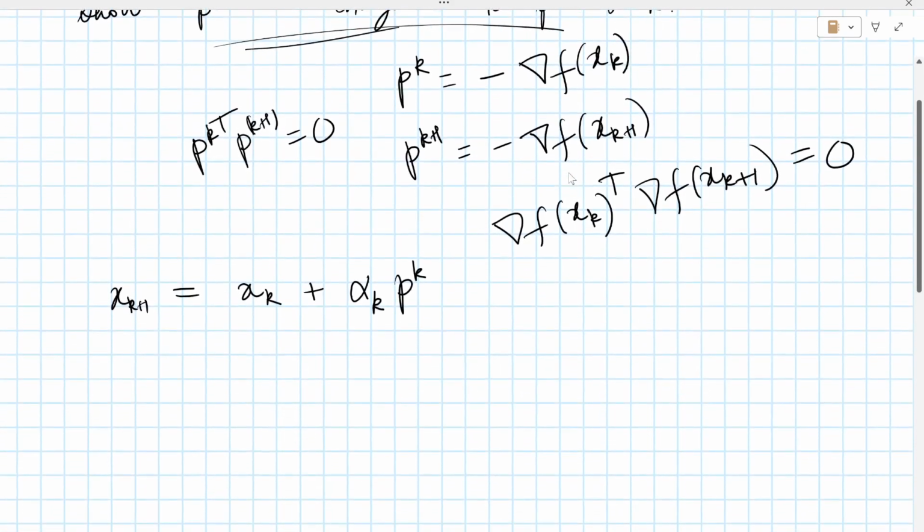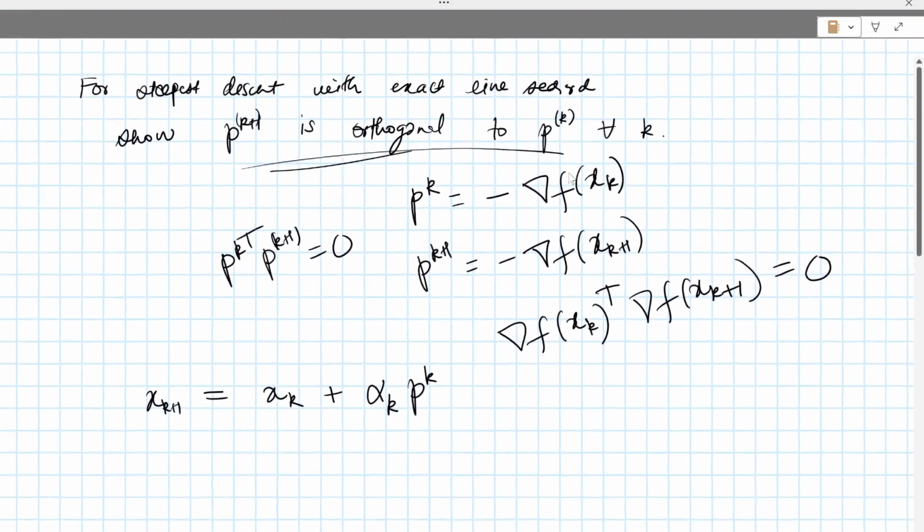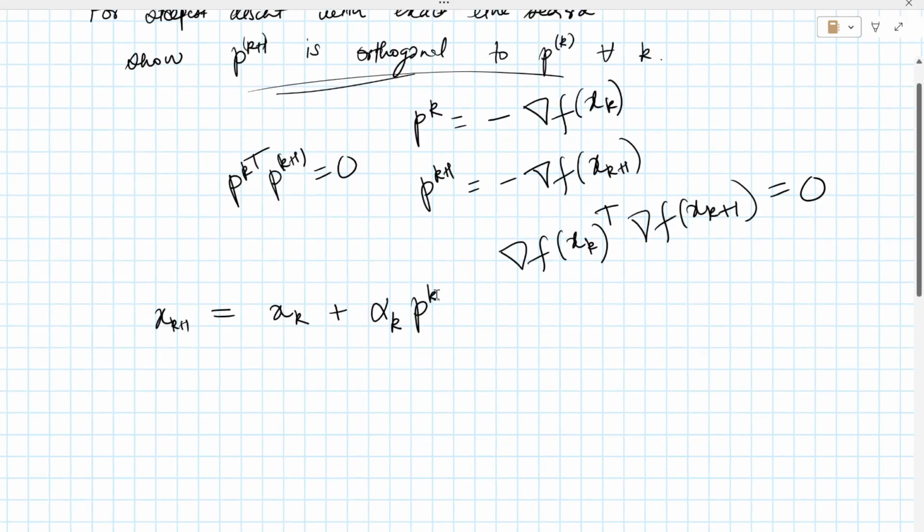Alpha we already defined, no? For an exact line search, alpha should be something like a delta.